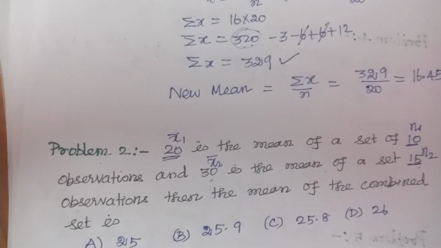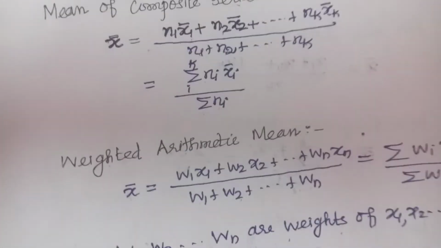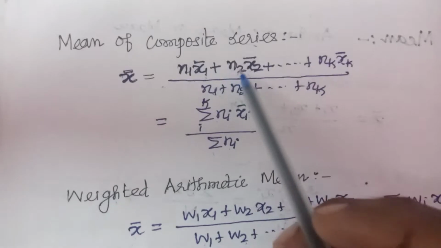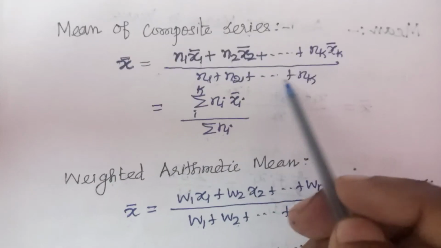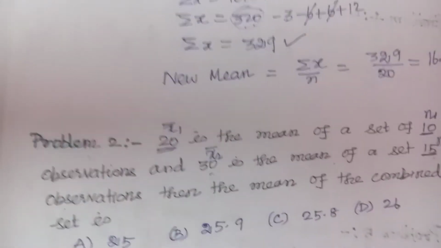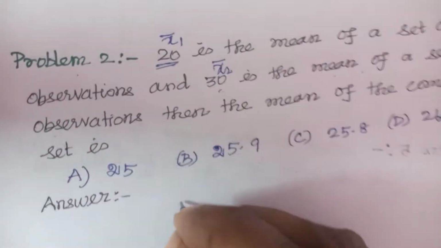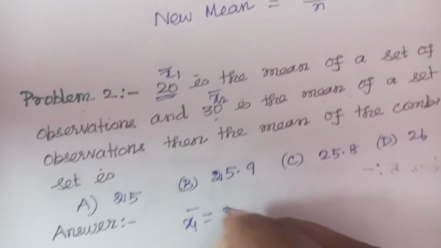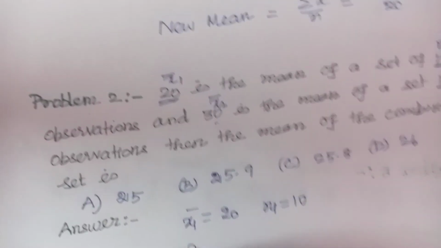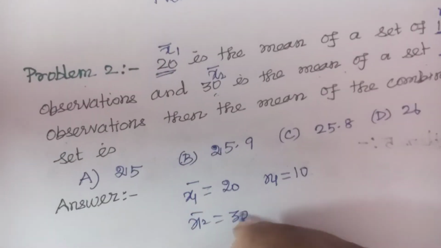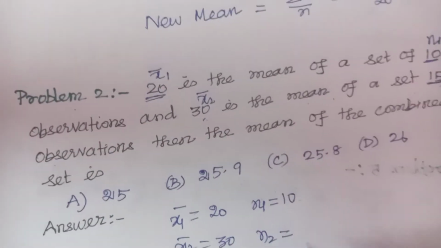For a composite series, the combined mean is n1 x1 bar plus n2 x2 bar plus etc. nk xk bar, divided by n1 plus n2 plus etc. nk. Now here, x1 bar is 20 with corresponding n1 equal to 10, and x2 bar is equal to 30, n2 is equal to 15.